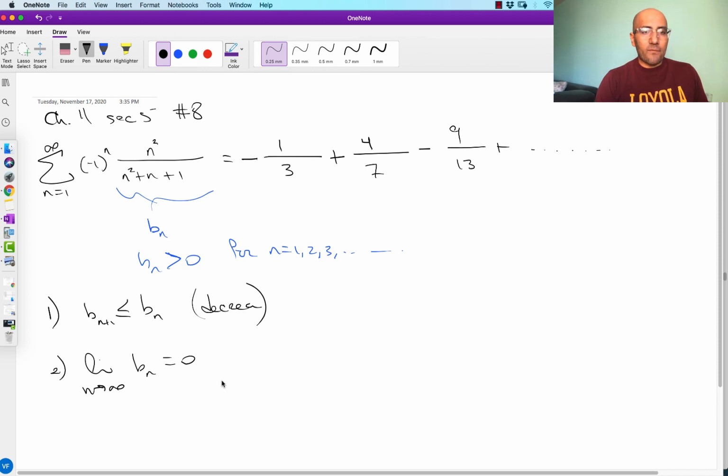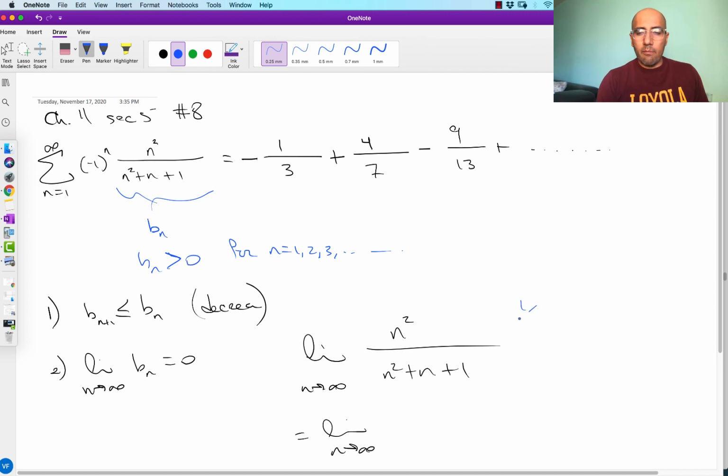So let's look at number two. The limit as n goes to infinity of n squared over n squared plus n plus 1, well, clearly that's going to be equal to the limit as n goes to infinity of, let's multiply the numerator and denominator by 1 over n squared, which gives us a 1 divided by 1 plus 1 over n plus 1 over n squared.